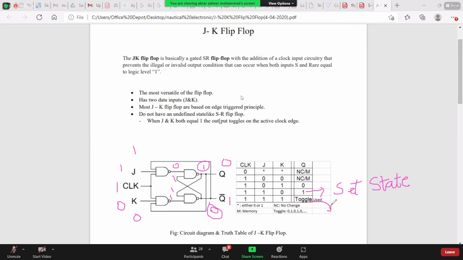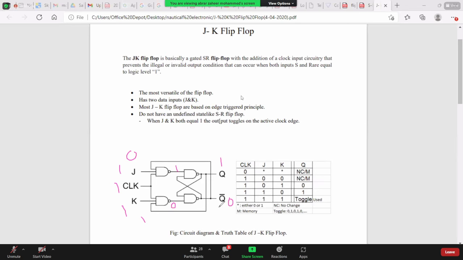And last is the toggle. Now we'll see the toggle state. When J is 1 and K is 1 and clock is 1, what is happening? This Q is 1 and Q bar is 0. So this one will come here, this 0 will go here. 0 into 1 into 1, output here is 1. 1 into 1 into 1, output here is 0.